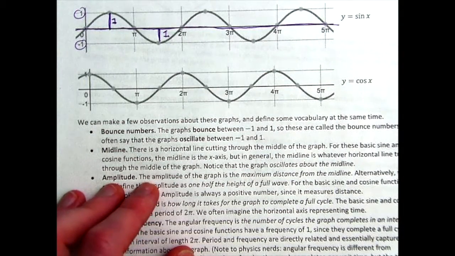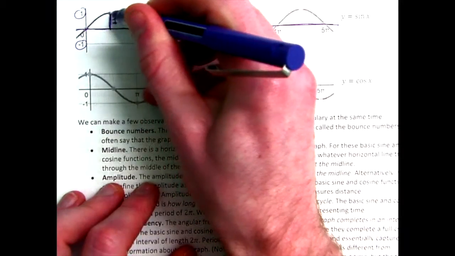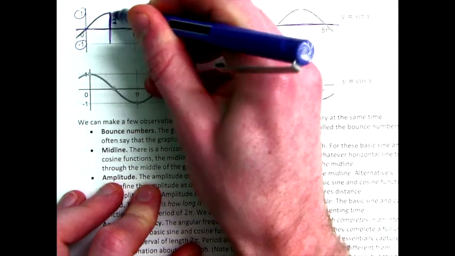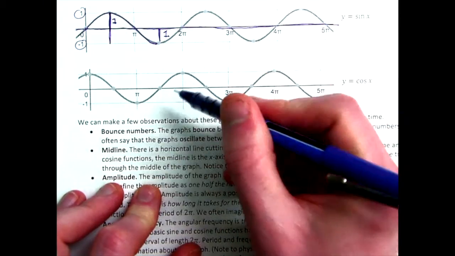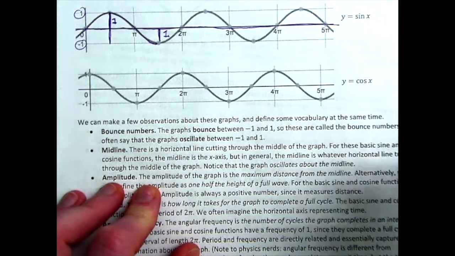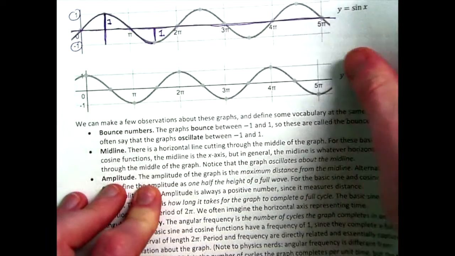Alternatively, you could say that the amplitude is 1/2 the height of a full wave. What I mean by that is if you look at this entire wave all the way up and all the way down, the whole height of that wave would actually be 2, and half of that is 1, which is what the amplitude is. So for the basic sine and cosine functions, the amplitude is 1.